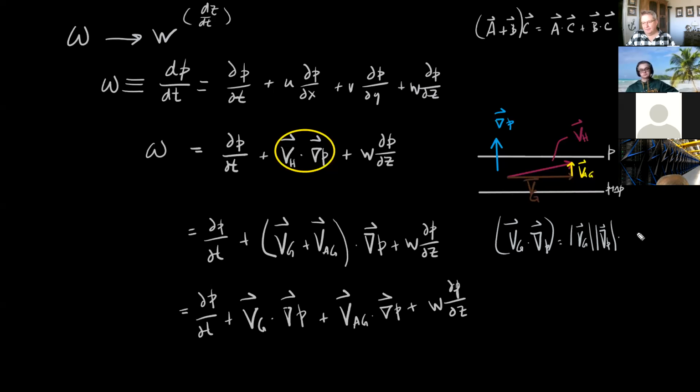Remember the identity? Cosine of the angle. What is the angle between the pressure gradient and the geostrophic wind? 90. What's the cosine of 90? 0. Sine of 90 is 1. The cosine of 90 is 0. So in other words, this term goes to 0.